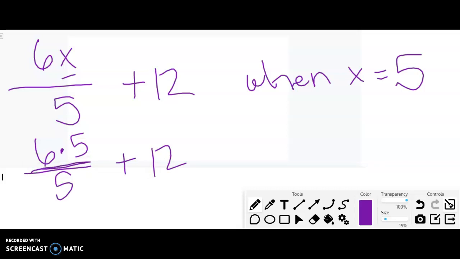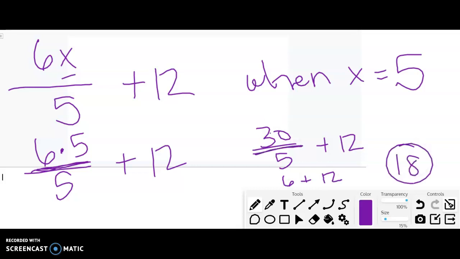I'll do what's on the top first. So that's, consider that like a group. So 6 times 5 is 30 over 5 plus 12. 30 divided by 5 is 6. 6 plus 12 is 18. Remember, this is divide. 30 divided by 5 equals 6.